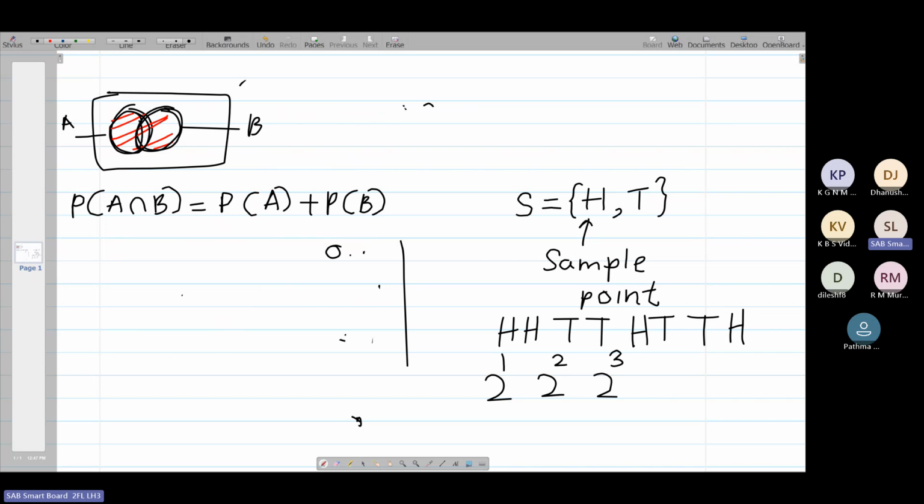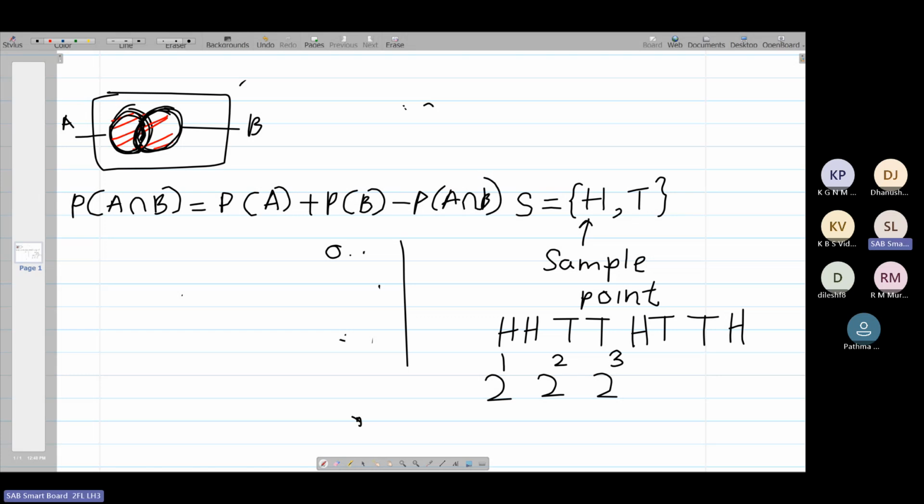Now what happened? Probability of A plus probability of B. We take this circle and this circle, then this common area is added twice, because the common area is in both event A and event B. Then we add it twice. Therefore, we deduct one intersection from the addition.